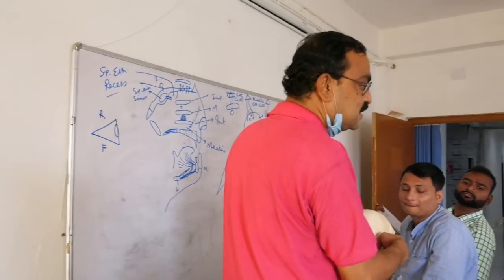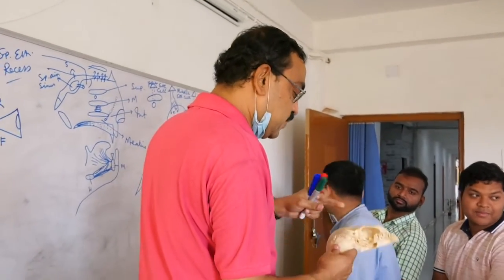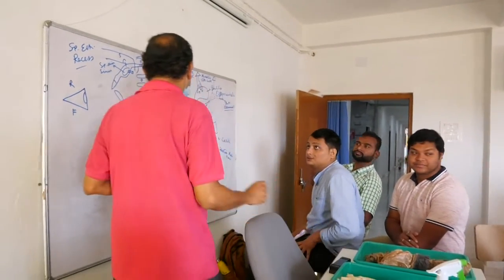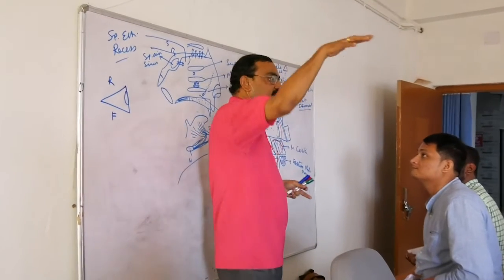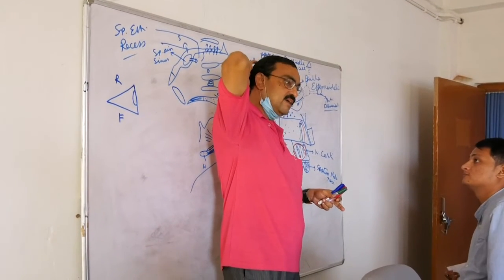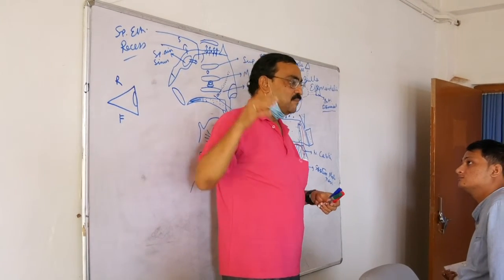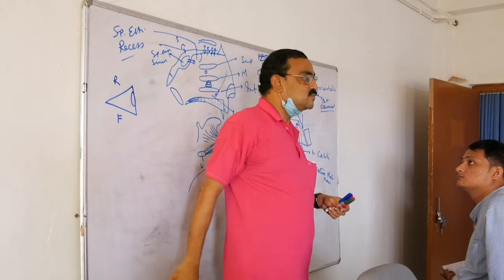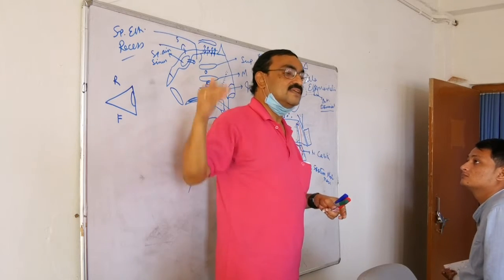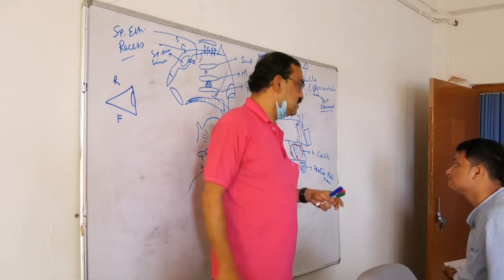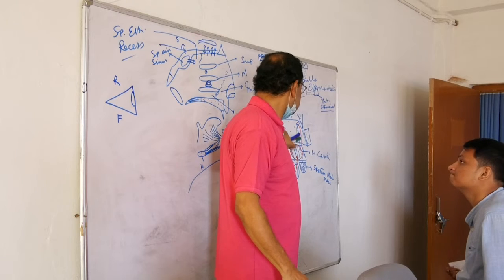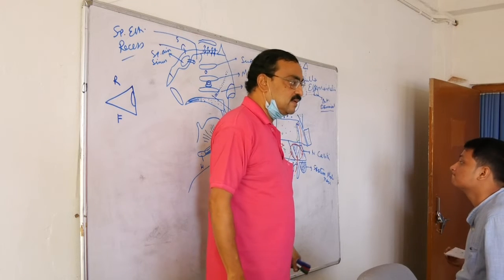This is the area where we get the pterygopalatine ganglion. Actually, the pterygopalatine ganglion hangs from the maxillary nerve; anatomically it belongs to the maxillary nerve, but functionally it is different.